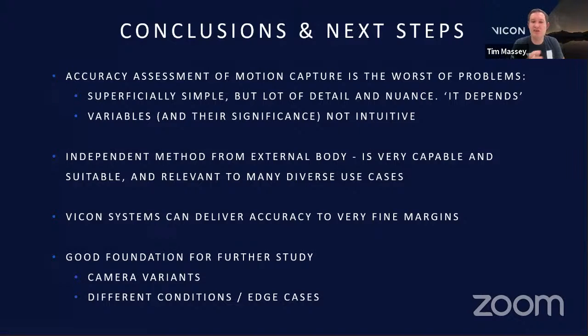It depends on several things, as many complex systems do. But it's even worse than that, because it superficially could seem a bit simpler than it is, and some of the variables and how significant they could be is maybe not as obvious as it might first appear.